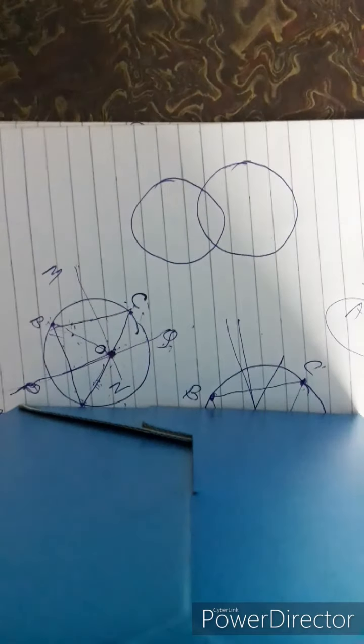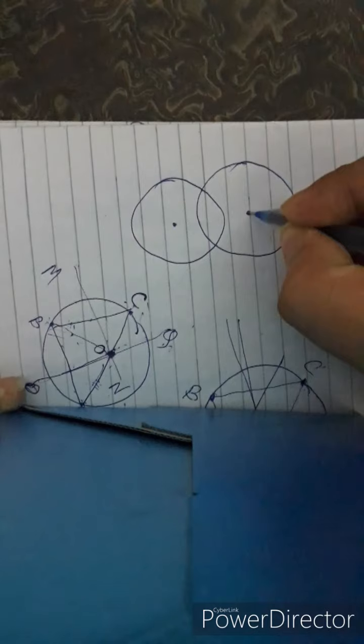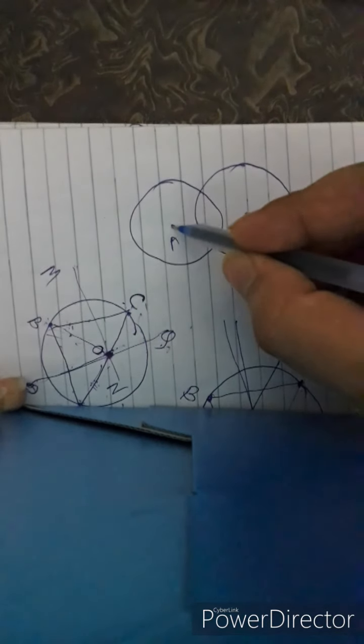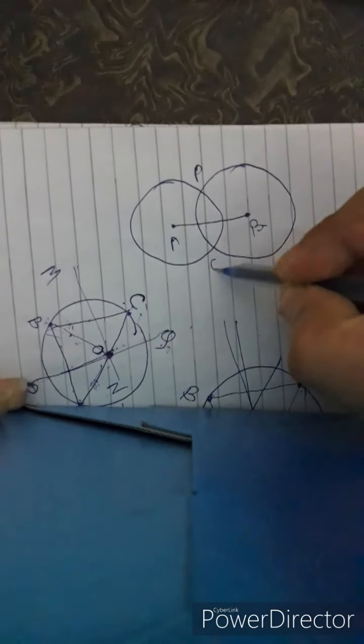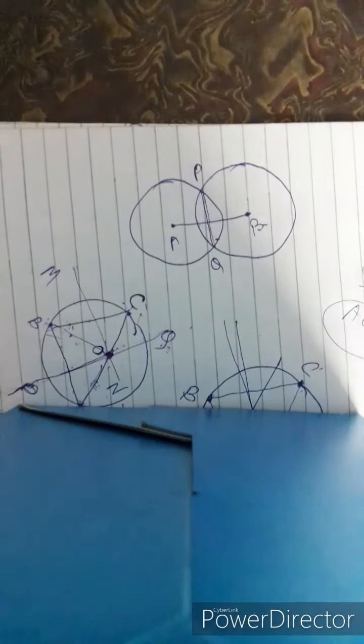These are the two circles. They intersect each other, and A and B are the centers of the two circles, and let PQ be the common chord which is passing like this between the circles.